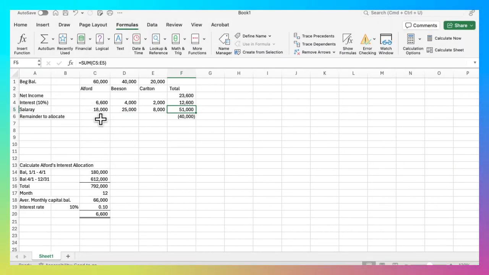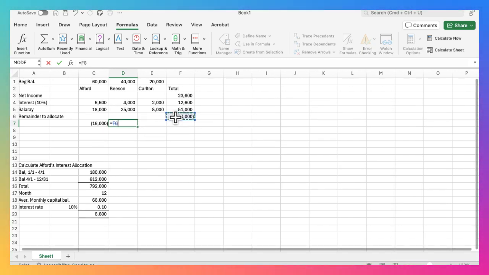How do we do that? Well, what we're going to do is come over here to Alfred, and we're going to say, well, there's a $40,000 deficit to allocate. Alfred gets allocated $16,000 of the loss.